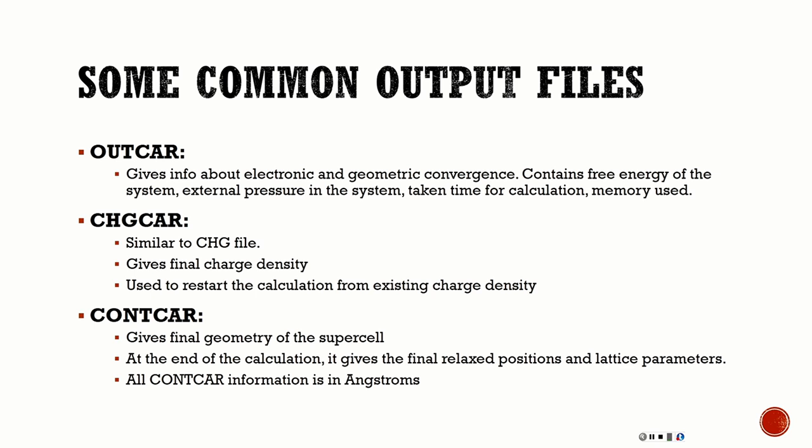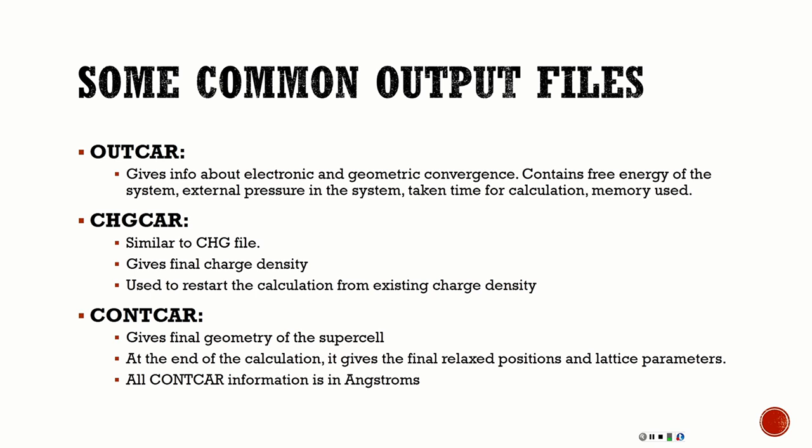So suppose you are using 500 iterations. The CONTCAR file of one specific calculation will keep all the atomic positions, the geometric positions of the final step of the iteration.